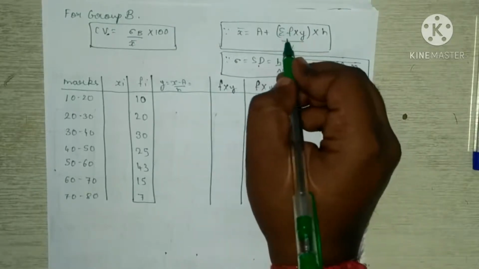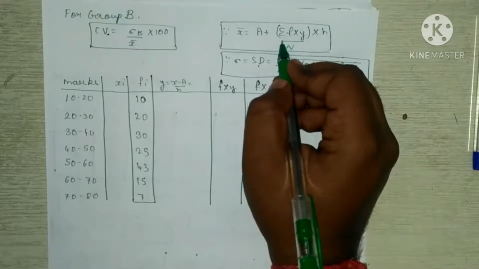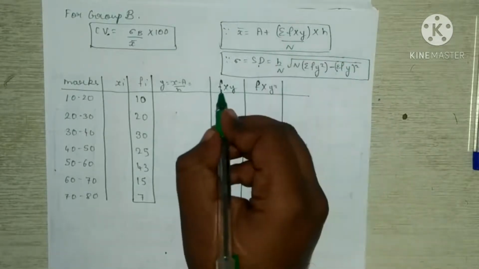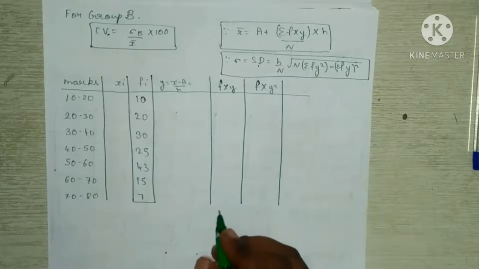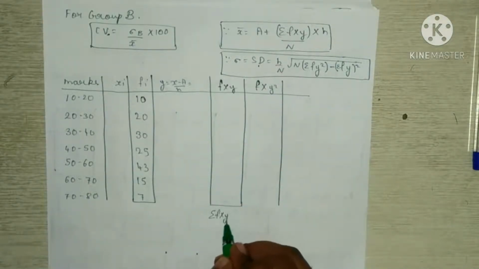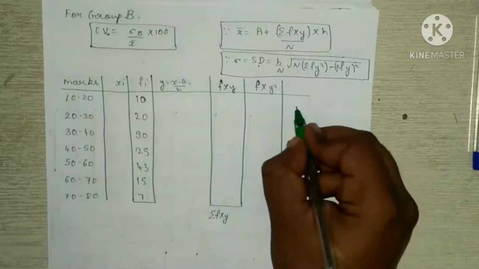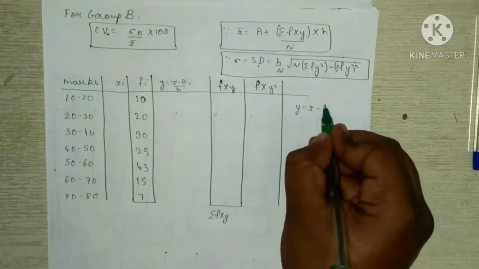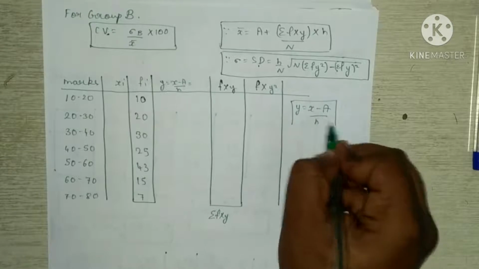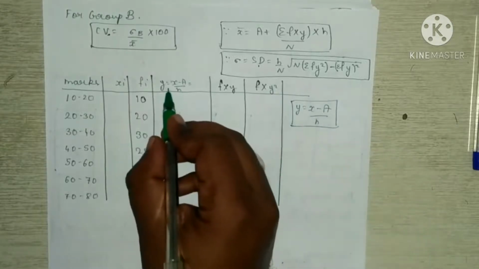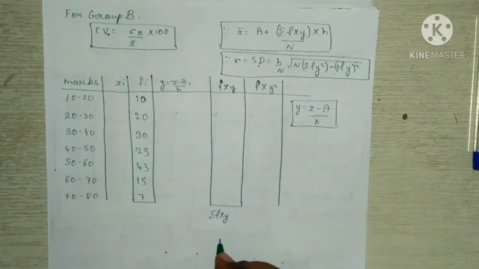Okay, we need to find summation f into y in the tabular column. To find y, we have a formula: y is equal to x minus a by h. This is the formula. This also we need to find in the tabular column.